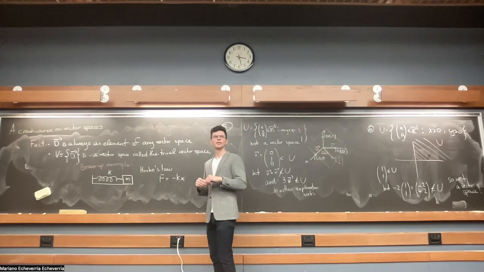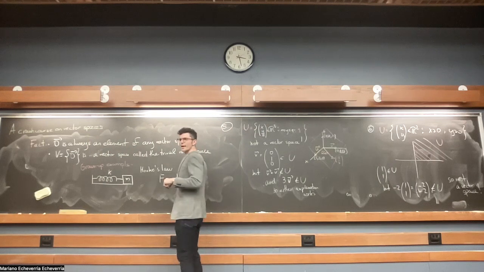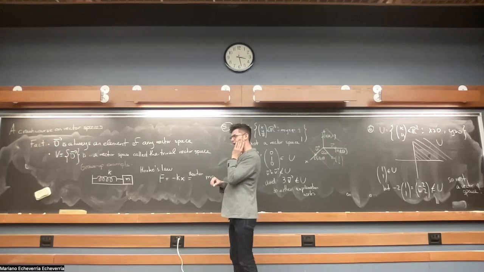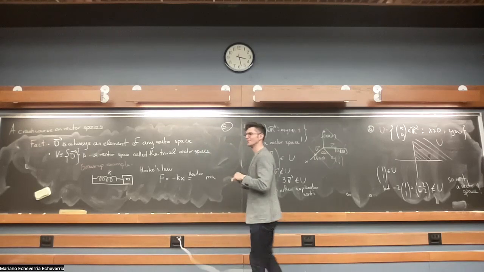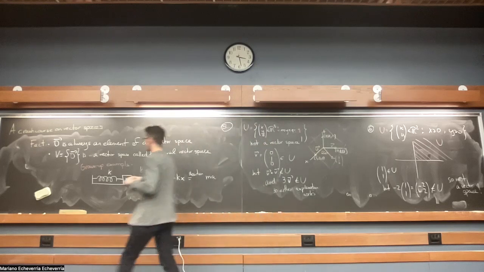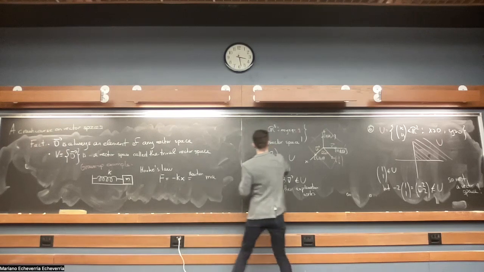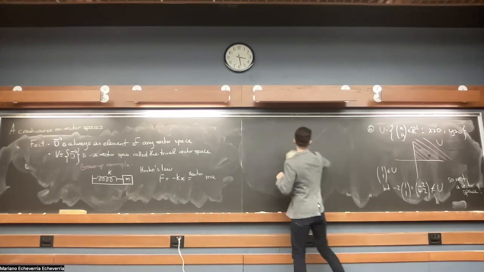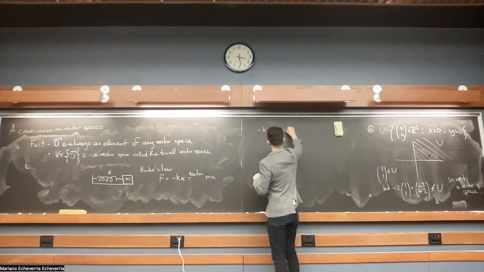Then you use Newton's law, which says that force equals ma. So you get that minus kx equals ma. If you have seen this, great. Don't worry about it, this won't take too much time. So far, so good.